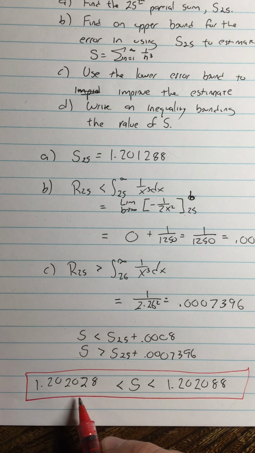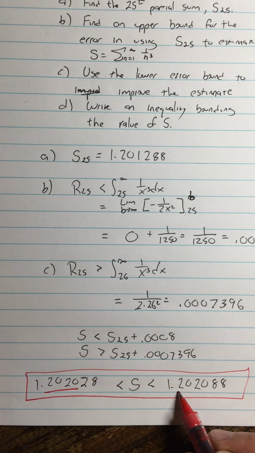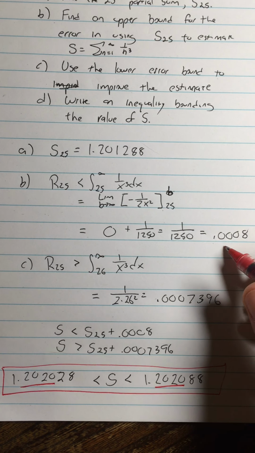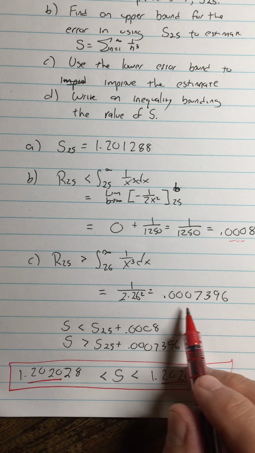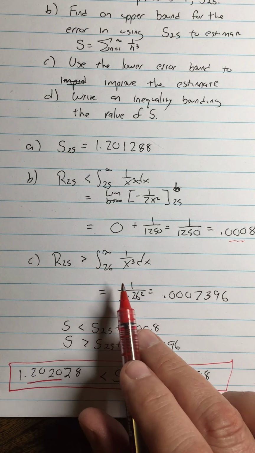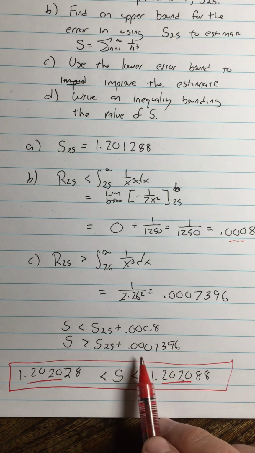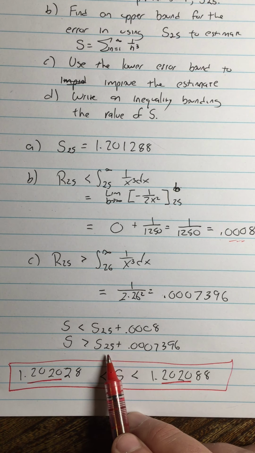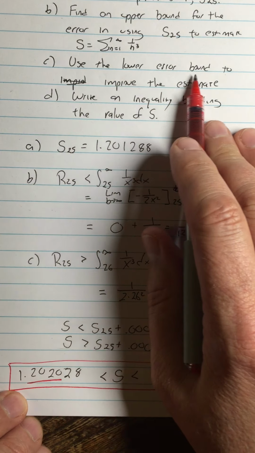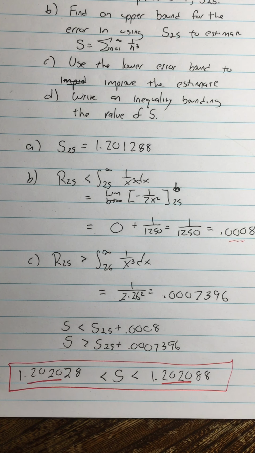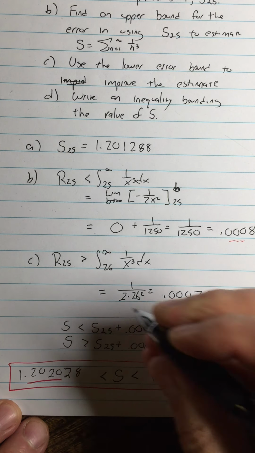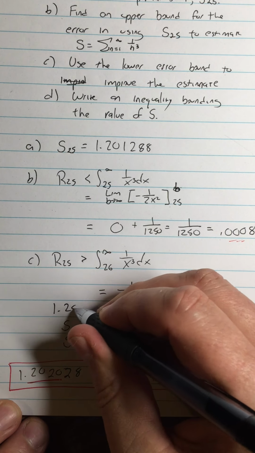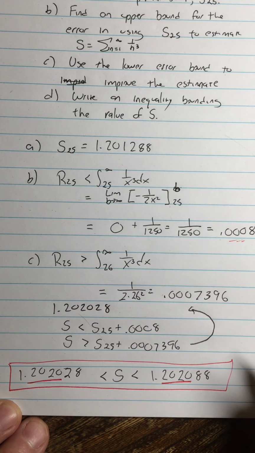And that's pretty tight. Look, we got 4 decimal places. We really only had justification ahead of time for 3 decimal places of accuracy. But by using this improved estimate of adding the minimum error bound to our original estimate, we get 1.202028.